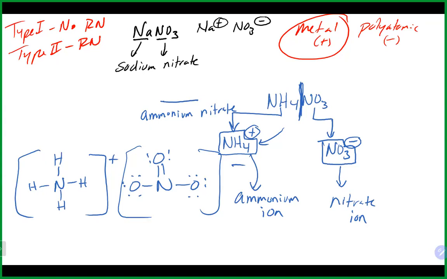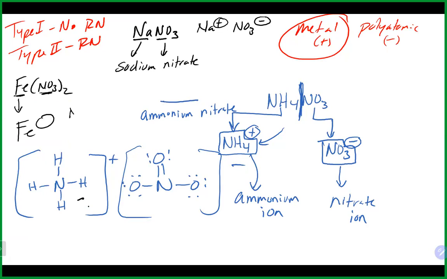It could also be hooked up with a type 2 metal. So for example, if I had Fe(NO3)2, that is iron, which is a transition metal, and that is nitrate. Iron is a transition metal, which means it's a type 2 compound. We do need to figure out the charge on it.